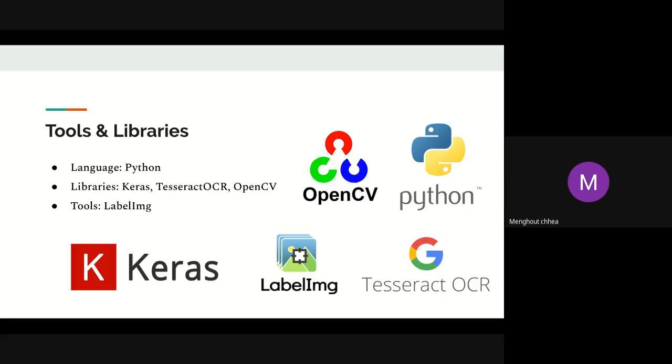Also, we use Tesseract OCR, an optical character recognition engine, because we don't have enough time to build our own OCR. As well as we use OpenCV for processing the image. And the last one is LabelImg, which we use to label our data to fit into our detection model.